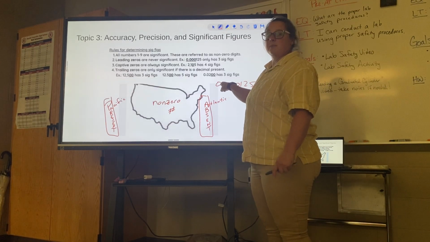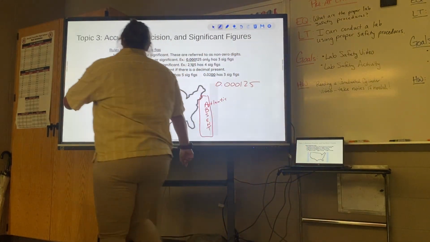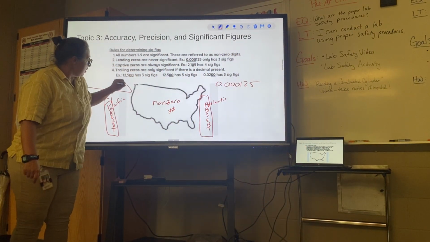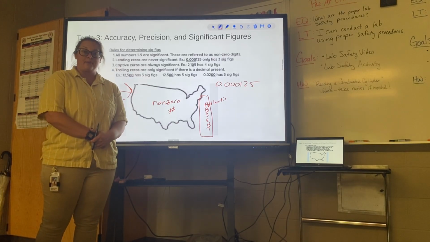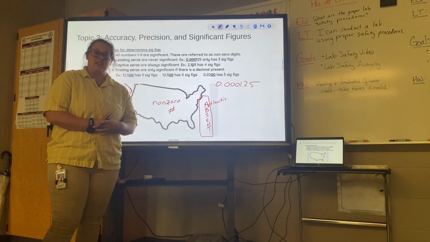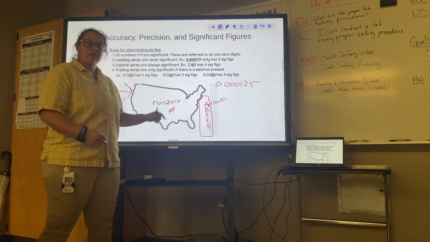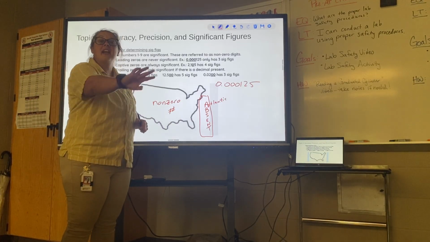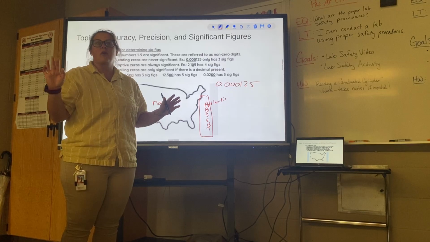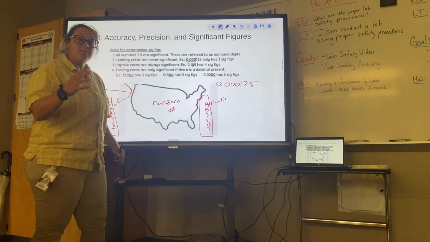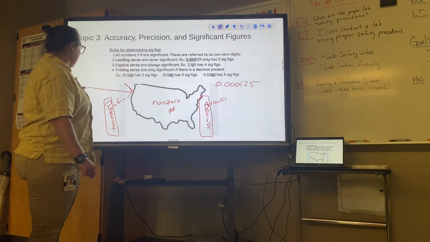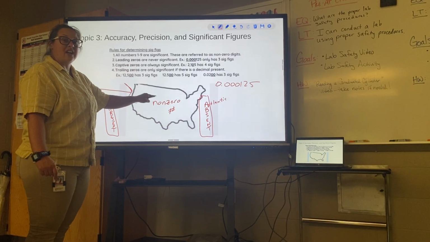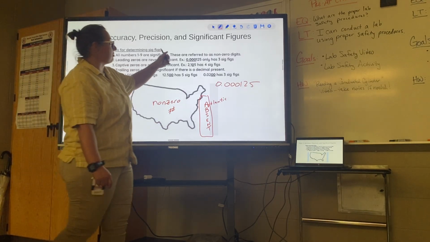What that tells me to do is go in this direction until I hit a non-zero number. Once I hit that non-zero number, I count that non-zero number and everything after. Doesn't matter if it's zero or non-zero. Let's model that here. A decimal is present, so I've got to enter and find a non-zero number in this direction.